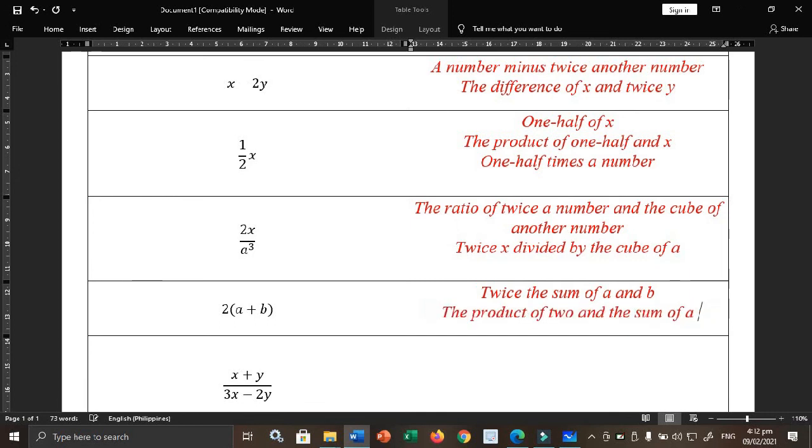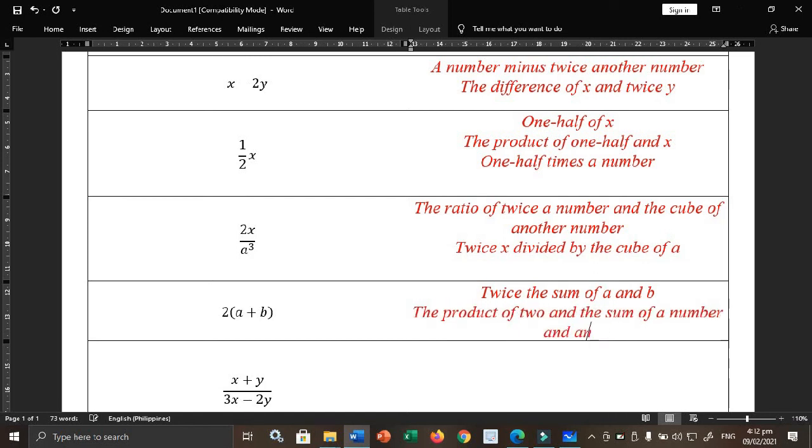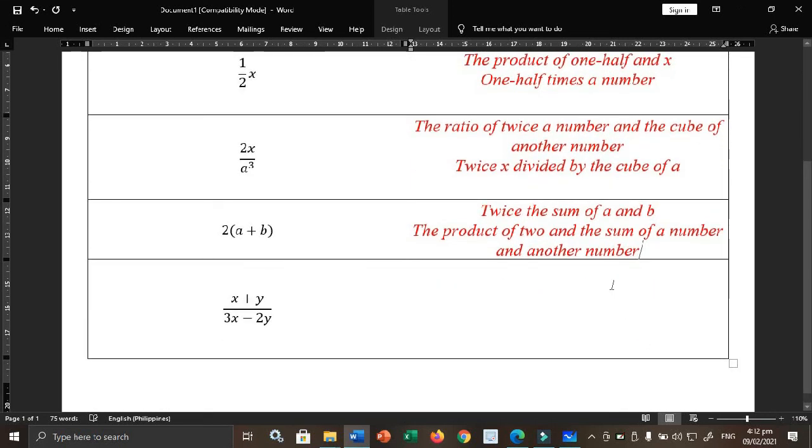Or pwede natin the sum of a number and another number. Pwedeng hindi nyo straight up sabihin yung variable. It's up to you, no? The product of 2 and the sum of a number and another number.